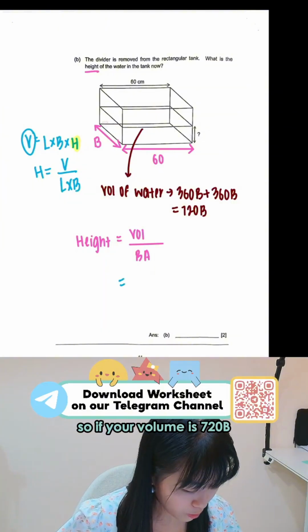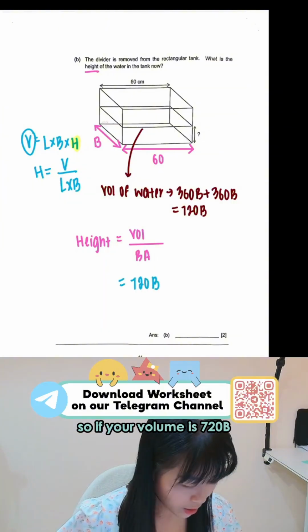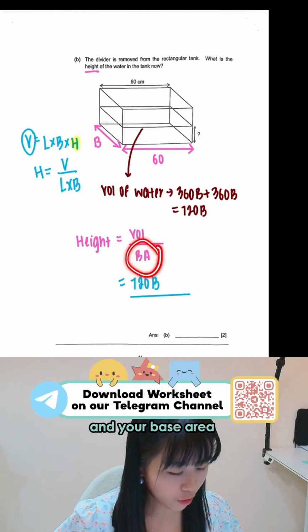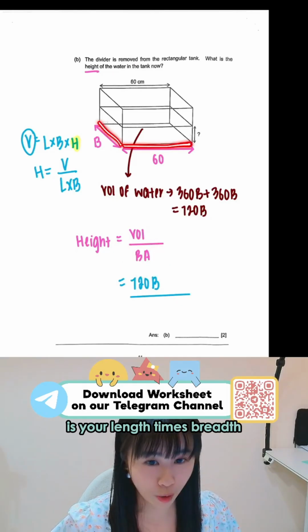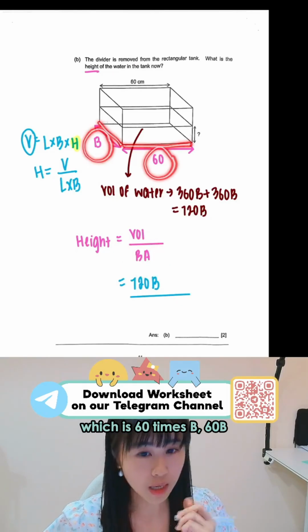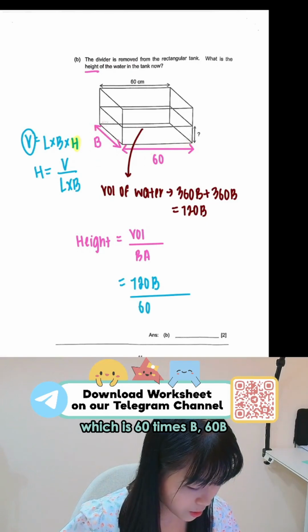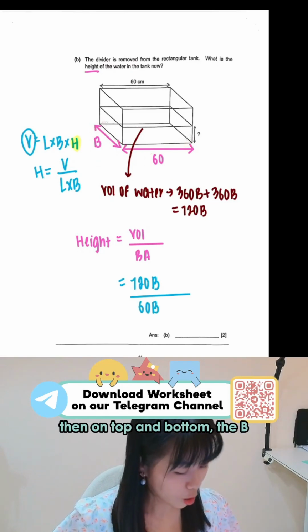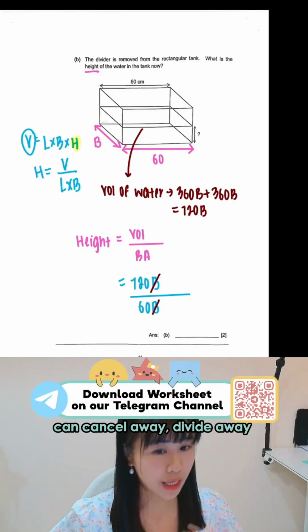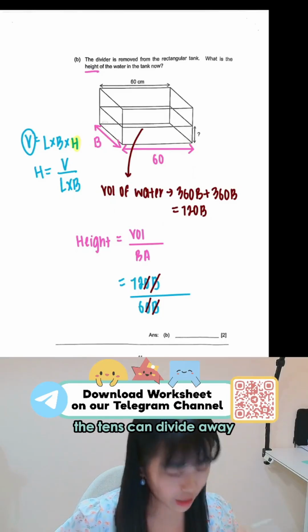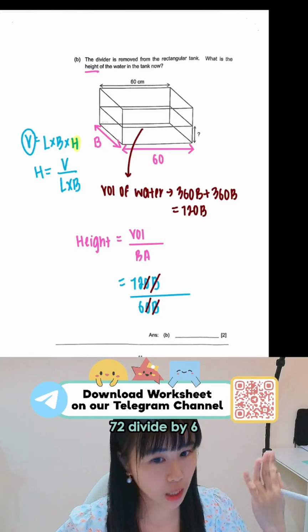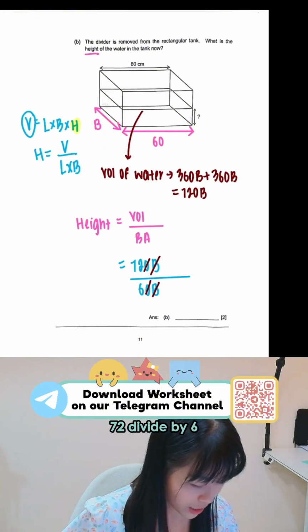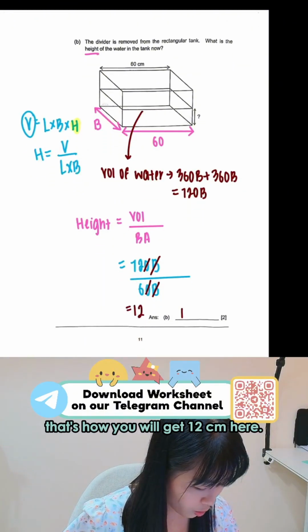So if your volume is 720B, and your base area is your length times breadth, which is 60 times B, 60B, then on top and bottom, the B can cancel away. The 10s can divide away. You are left with 72 divided by 6. 72 divided by 6, that's how you get 12 cm here.